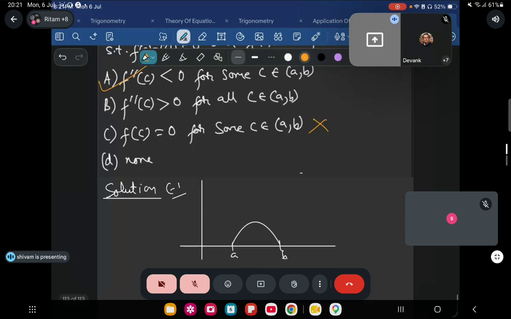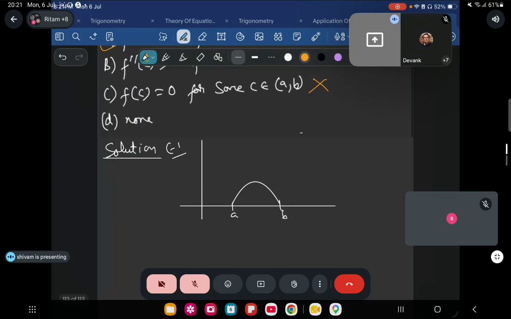Let us check. Can it be concave upwards? Can we draw a graph which is concave upwards? Tell me. See, we can draw a graph which is concave upwards. But tell me, is it concave upwards for the whole interval? For the whole interval, is it concave upwards?